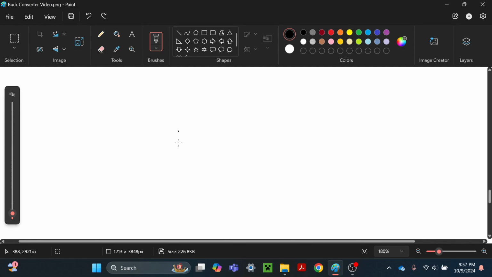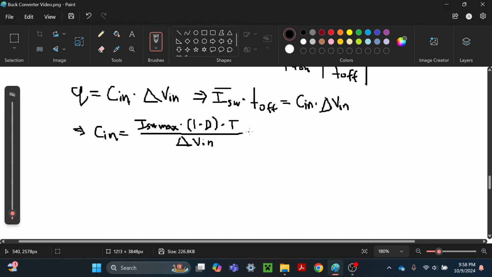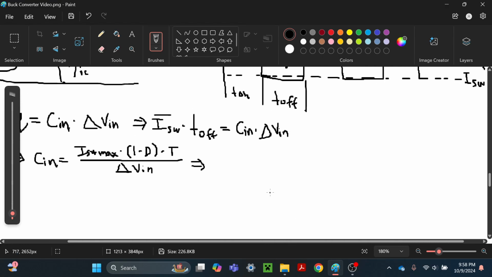Okay, so where was I switch max times 1 minus D, times T divided by delta V in, which we can further simplify to the duty.